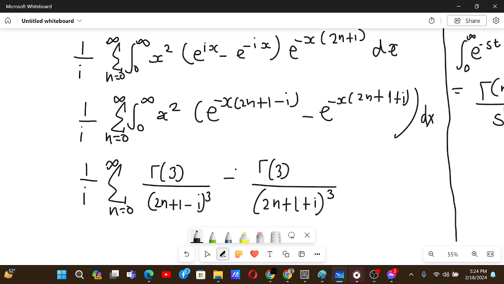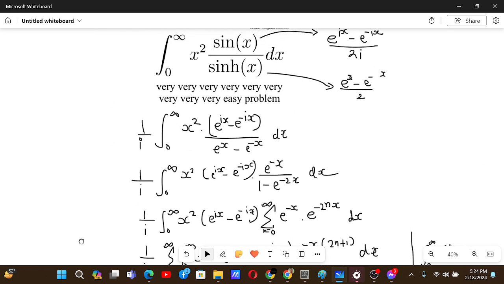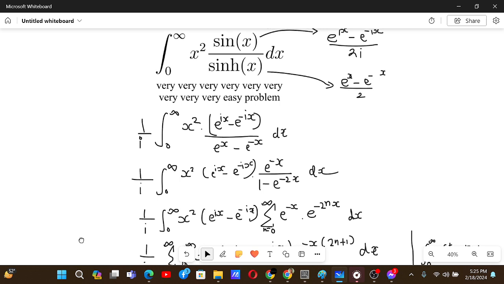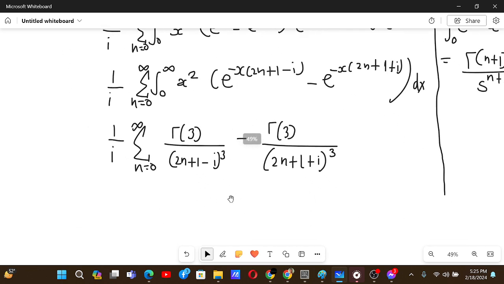Okay, now how do we find this sum? We have made some good manipulations till now, but the question is how do we find this sum?